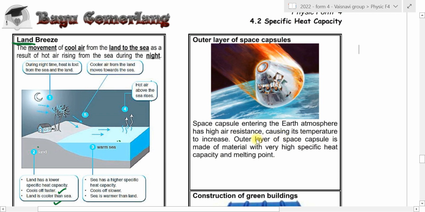Because when you moving against a high resistance, it causes the temperature increase so fast. So to reduce this effect and to avoid the burning of capsule, you need to create your capsule with a very high specific heat capacity material and high melting point material. Same like satellite also. Okay.